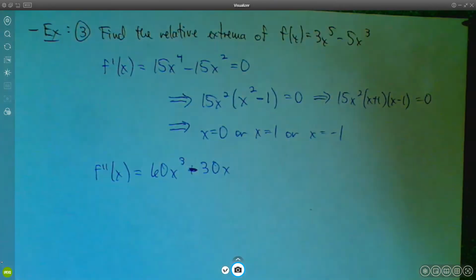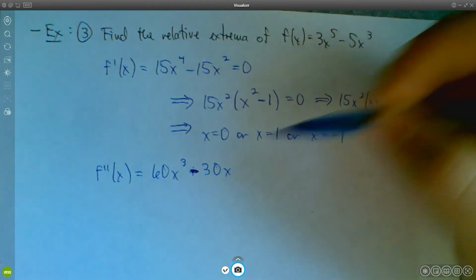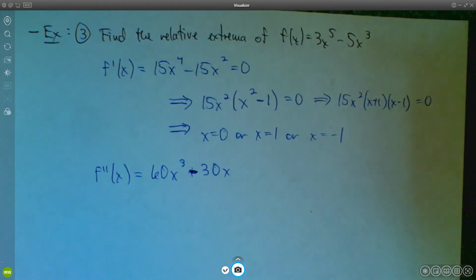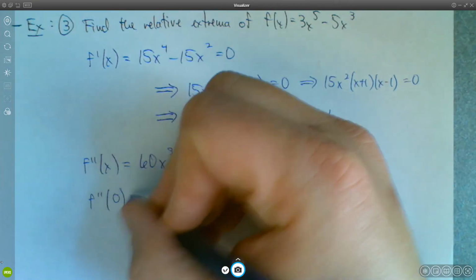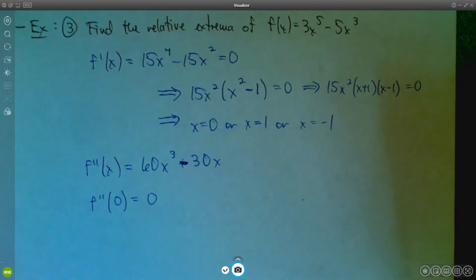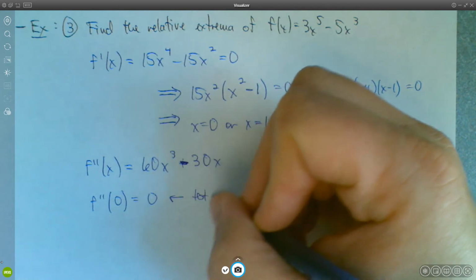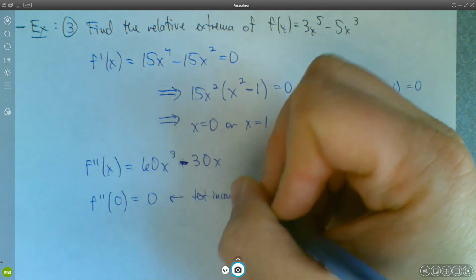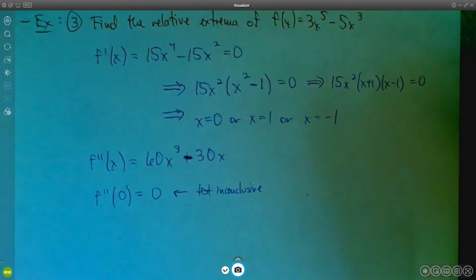So you take that second derivative, and now you plug these values into the second derivative. Okay? So f double prime of 0 is 0. Ugh. So the test is inconclusive. That's okay. We'll make a sign chart for that one in a second.